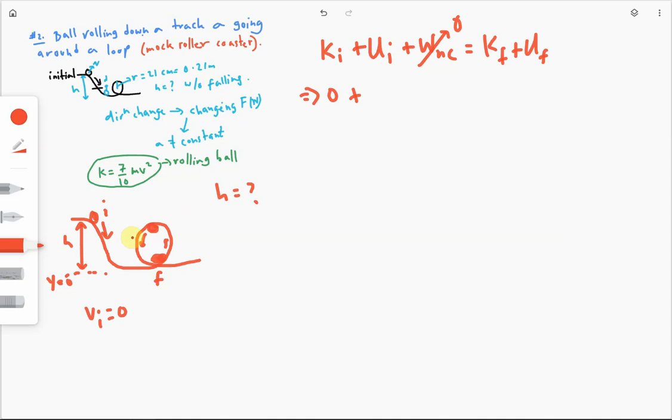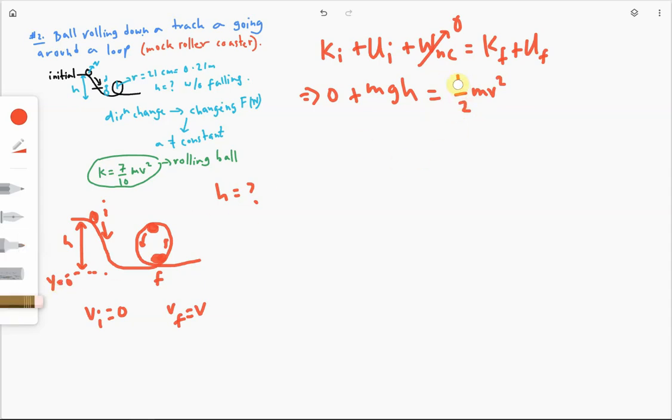Since it has the maximum height away from the ground, it has a maximum potential energy, mgh, due to the height. This is equal to the final kinetic energy. The final is here, so it is continuing to move in the loop. So the final velocity is some unknown velocity that we are not given, which is v. So it will have a kinetic energy due to that velocity, 1/2 mv squared. Well, I have done it wrong, because it is not actually 1/2 mv squared.